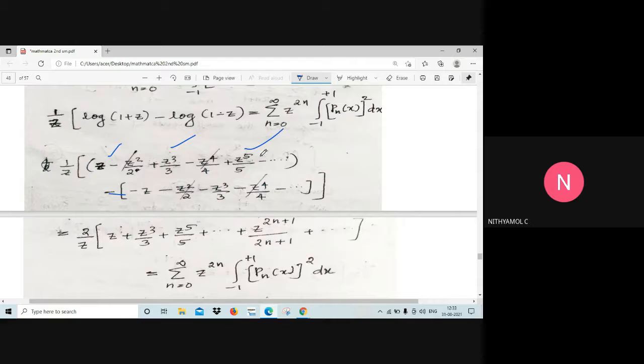Then here z raised to 5, and here minus of minus z raised to 5, that is plus z raised to 5. So z raised to 5 plus z raised to 5 is 2 z raised to 5, divided by 5, up to plus z raised to 2n plus 1 divided by 2n plus 1.